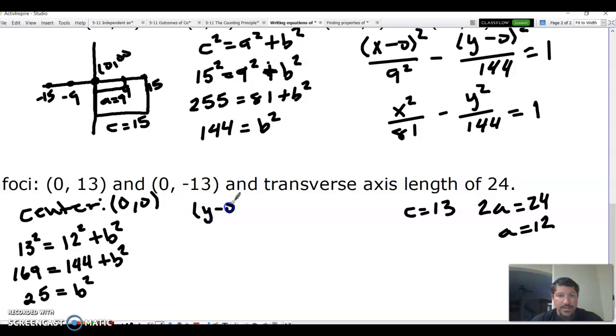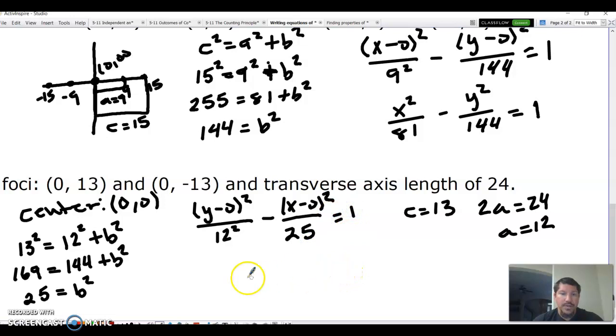So y minus 0 squared over 12 squared minus x minus 0 squared over 25 equals 1. So that means y squared over 144 minus x squared over 25 equals 1.